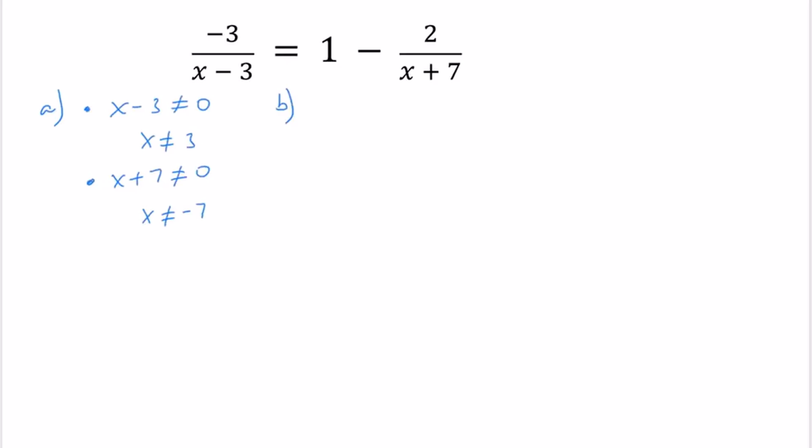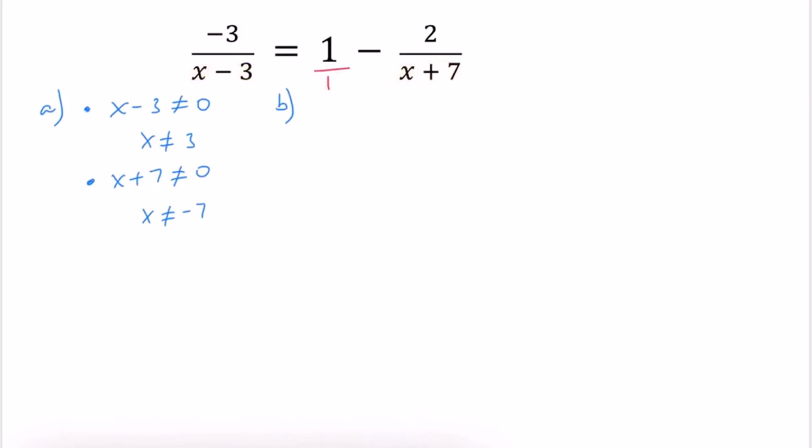We need to clear out all the denominators, so we need to find the least common denominator. Here, 1 is 1 over 1. Focus on the denominators. We have x minus 3, 1, and x plus 7.